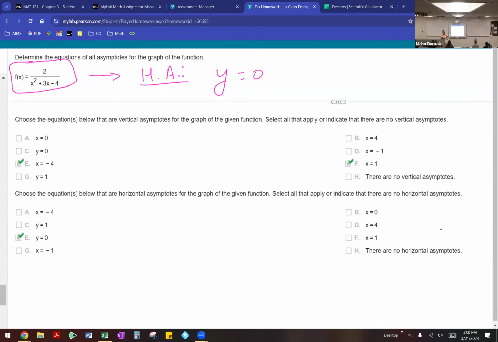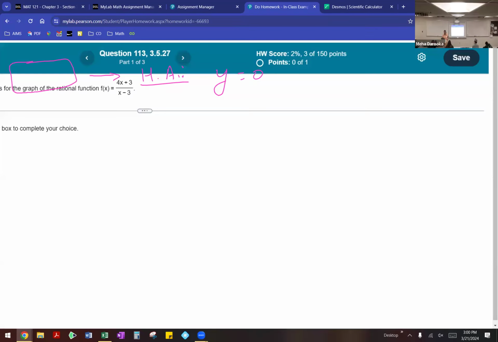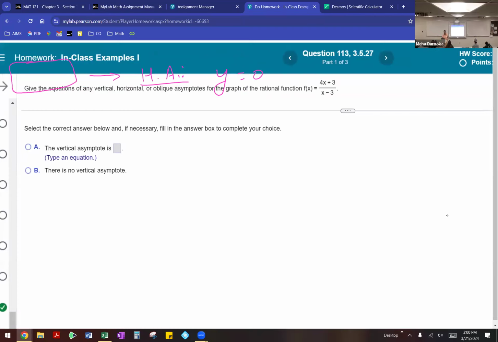Everybody okay? Yeah? All right, let's see if we have another example. There we go. All right, let's check it again. So again, we're starting out with vertical asymptote here. Let's see, we have x minus 3 as our denominator. So what's our vertical asymptote? Yeah, x equals positive 3.